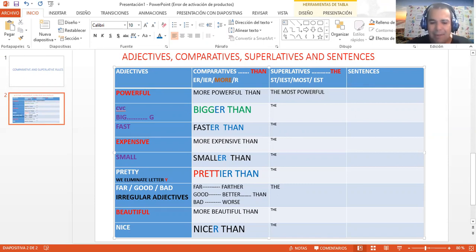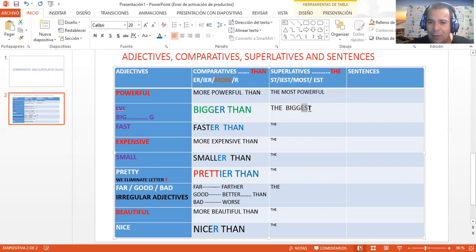We write big, but it has the combination consonant, vowel, consonant, so we double the last letter. And here we were using ER, but here we're going to be using EST. So that's what we're going to write, EST: the biggest. And that's the way that we change that adjective into the superlative form.